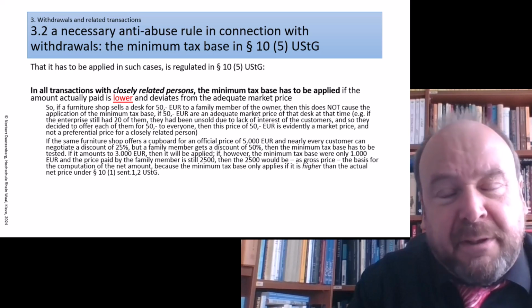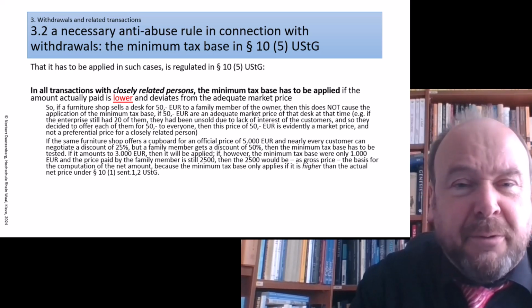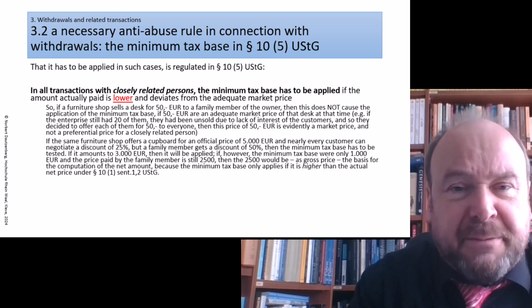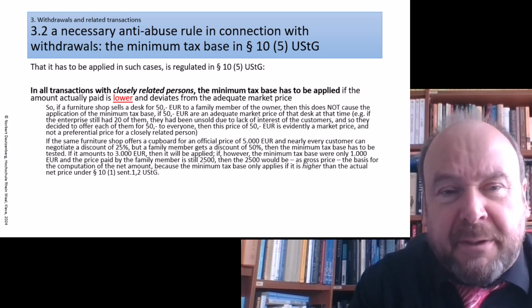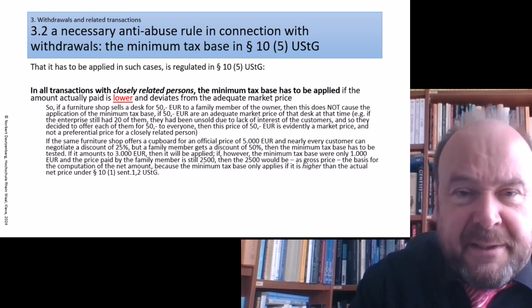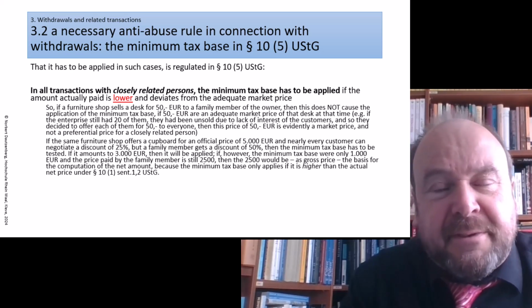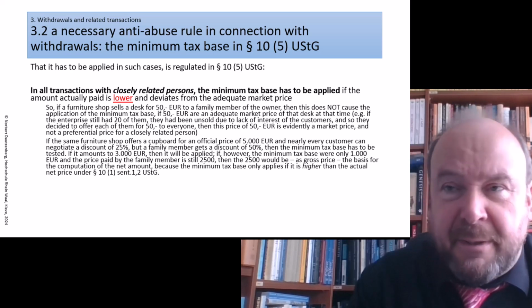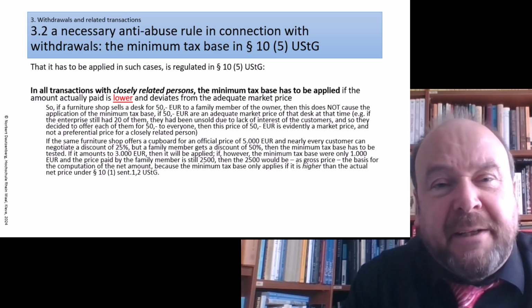However, it might be, if you have a colossal profit margin, that the purchase price of the cupboard at the moment is just 1,000 euro. In that case, the price fixed was 2.5 thousand to the family member. The minimum tax base is 1,000, so the higher value counts.